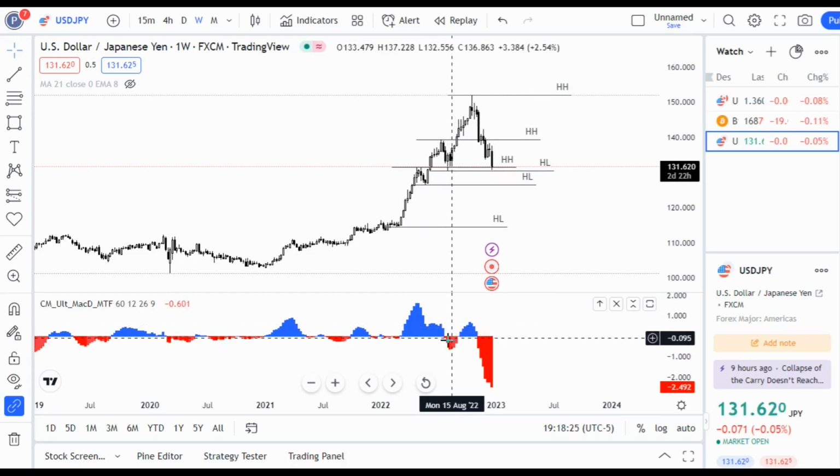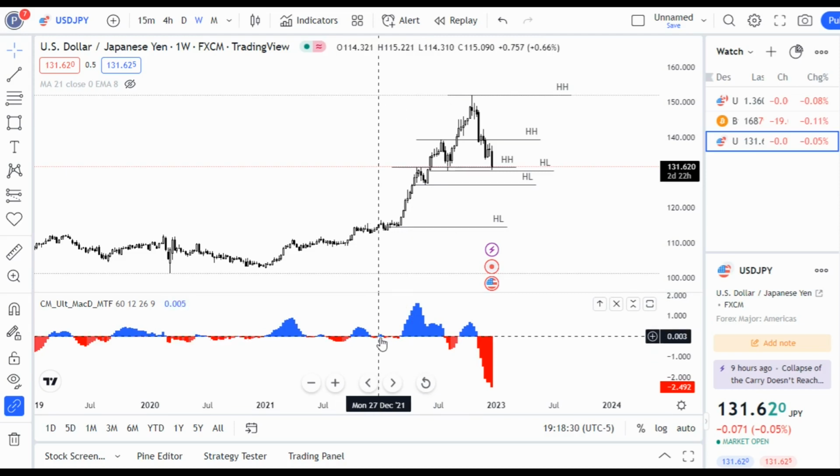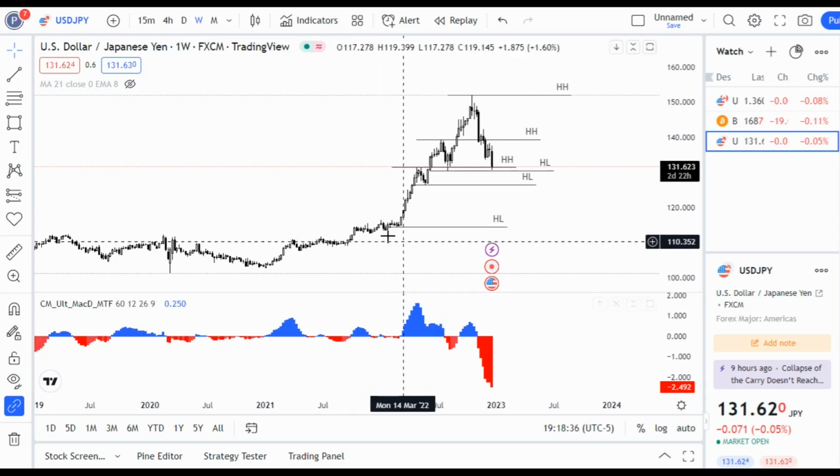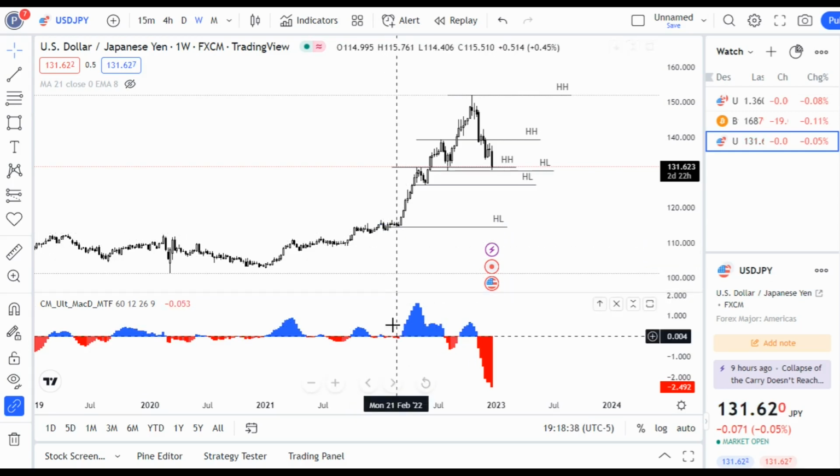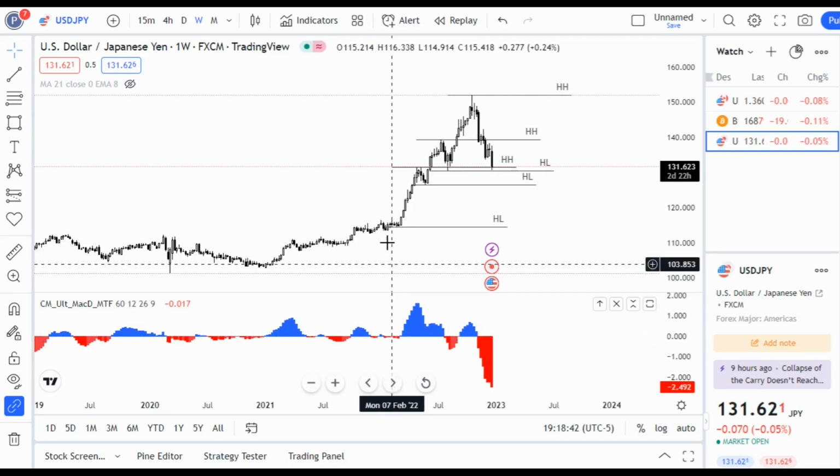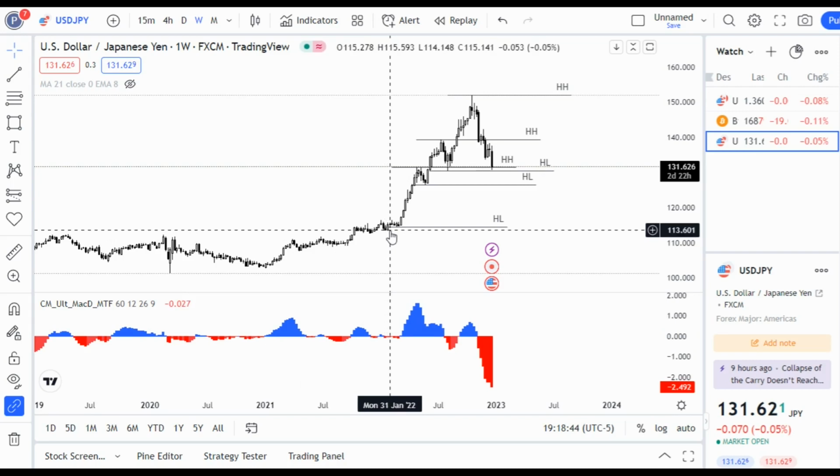Then we consider it as a high. Let's take this example. Here is a high. You can see the next ones after this high were selling candles, and on the MACD it indicated that here is actually a sell. So all from this area going is a sell.